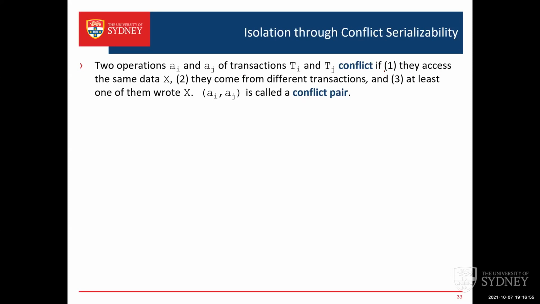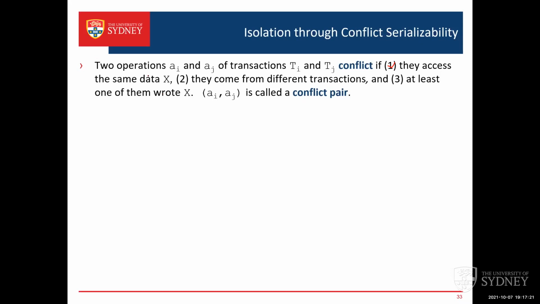First condition, they access the same data item X. If two operations are working on the same data item, then there might be some conflict. If someone is working on X and someone else is working on Y, then there is definitely no conflict.